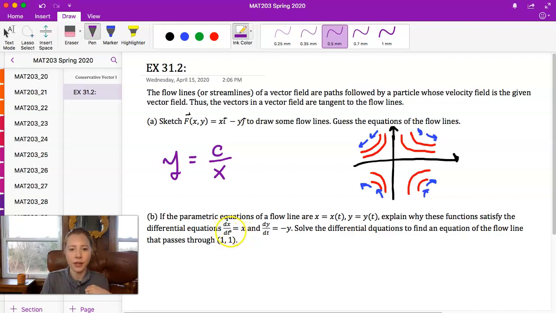What we're looking at is the derivative with respect to time is x. So with increasing time, we're heading towards increasing x. And here, the derivative with respect to time is minus y, so for y, we're heading the opposite direction. When y is positive, we're heading down, and x is still heading in its normal direction.